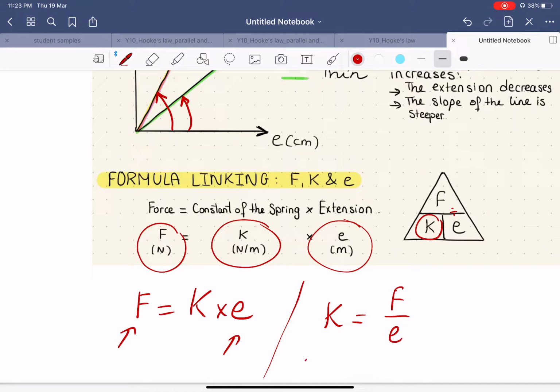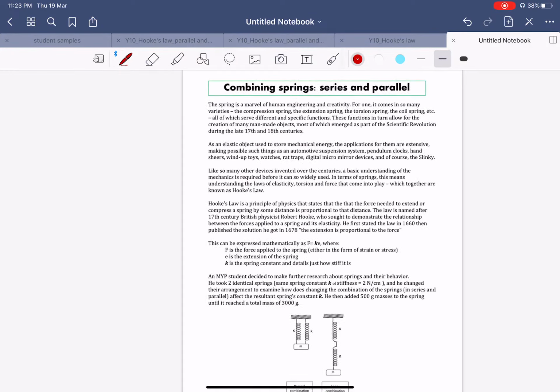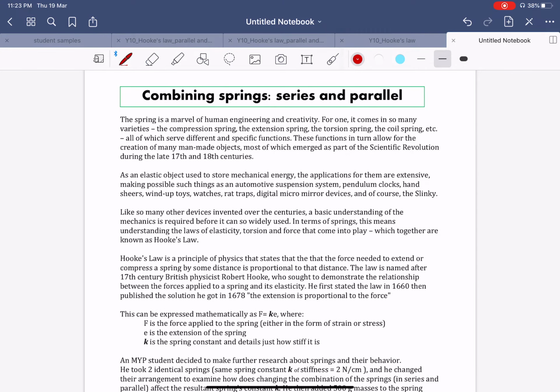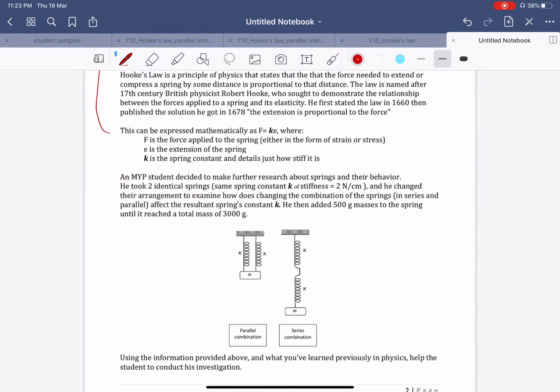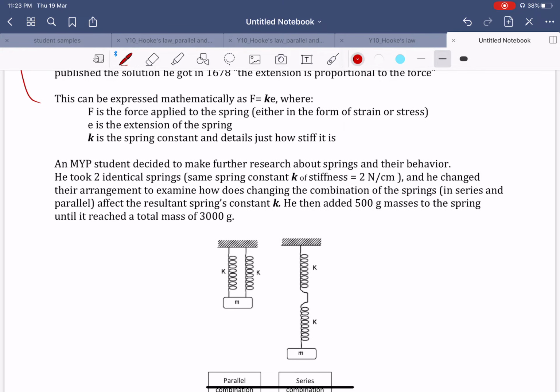So it shows that K and E are inversely proportional and not directly proportional. Okay. Starting with the question, I will skip all of this as it's all general information about springs and their behavior. Now here I gave you the formula just in case you felt confused.